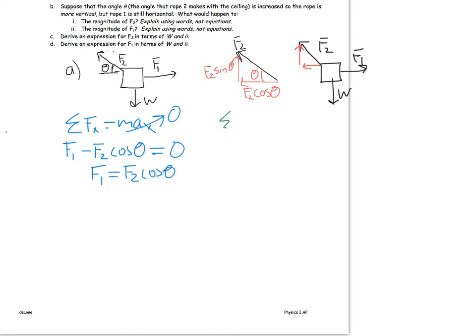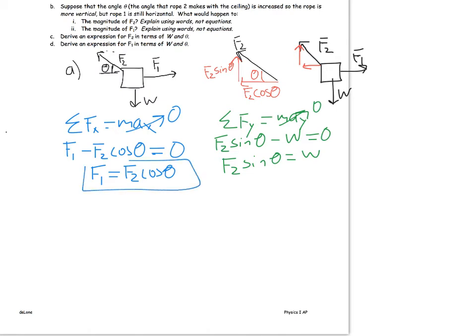Moving on to my y, the forces that I have in my y direction are F2 sine of theta and that weight. Once again, that acceleration is 0, so that means that F2 sine of theta is equal to my weight. So what I ultimately want to do here for part C is derive an expression for F2 in terms of W, that weight, and theta.